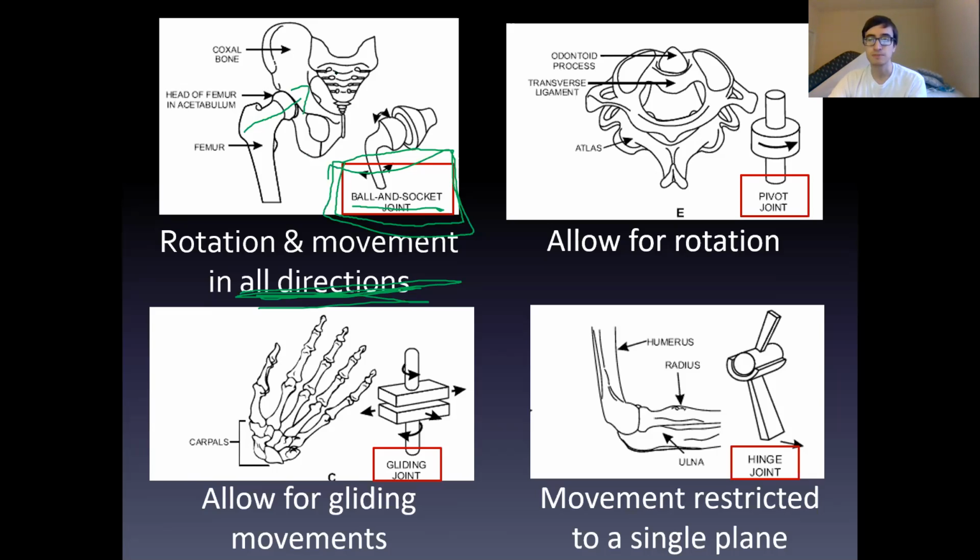Pivot joints are ones that allow for twisting and rotation. Probably the biggest pivot joint that we have is between the two top bones of our spine right here. So this would be our skull up here, and this is the rest of our spine down here.